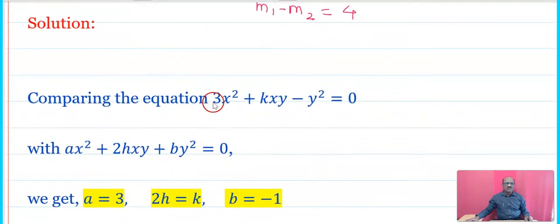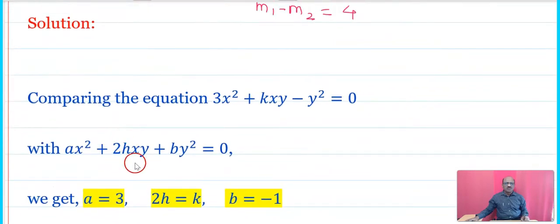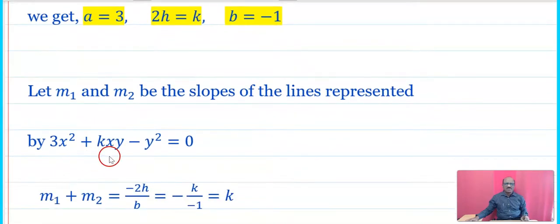Comparing the equation 3x square plus kxy minus y square is equal to 0 with ax square plus 2hxy plus by square is equal to 0, we get a is equal to 3, 2h is equal to k and b is equal to minus 1. Let m1 and m2 be the slopes of the lines represented by 3x square plus kxy minus y square is equal to 0.